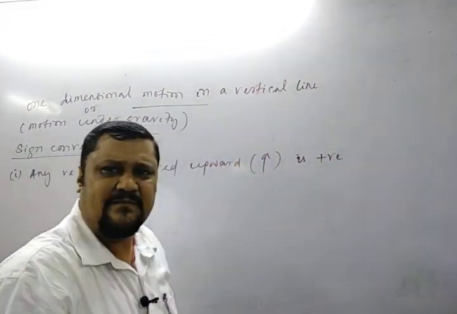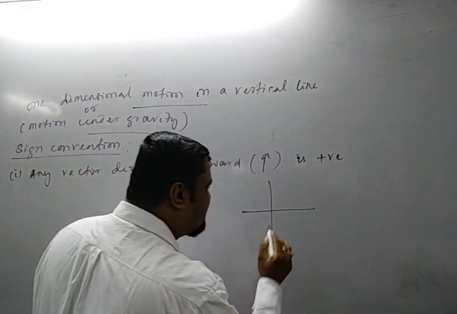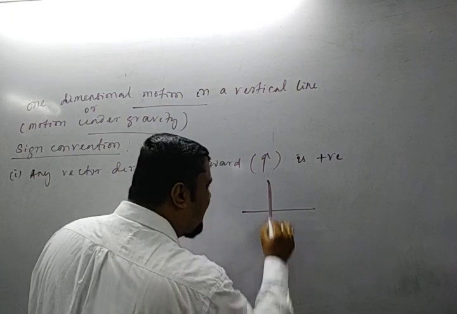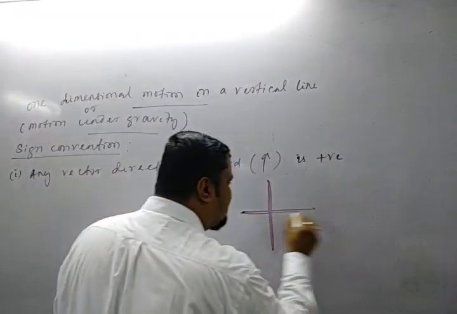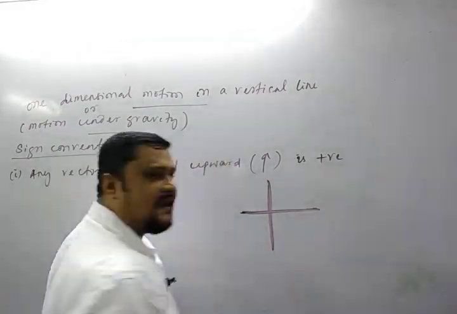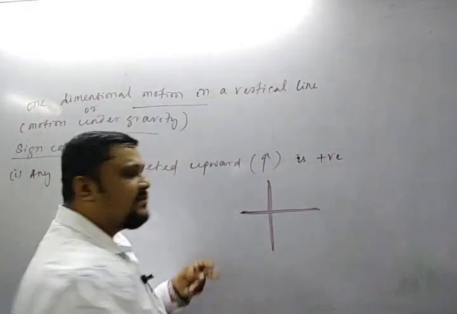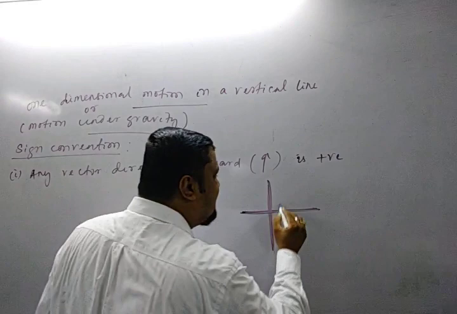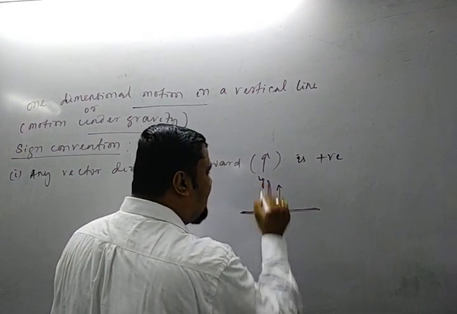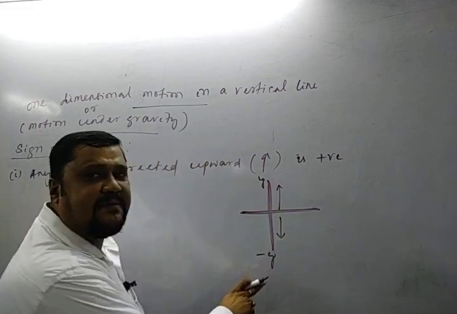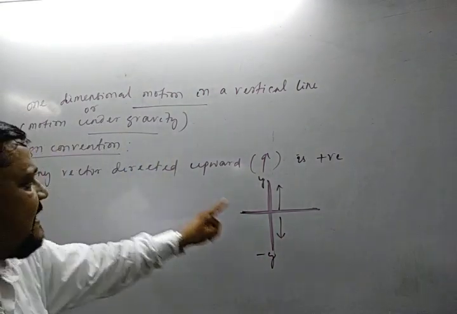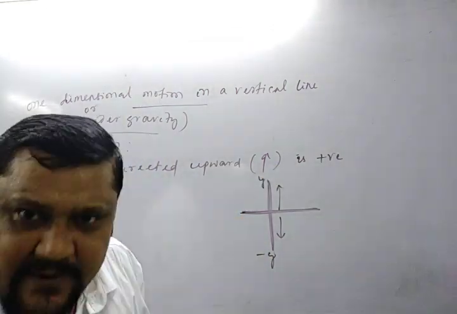Like your coordinate system, because you are discussing the motion along a vertical line, since this is free fall, we are not considering the horizontal motion. This is the horizontal line, this is the vertical line. In the vertical line, the body moving in this direction is along the positive y-axis, and the negative y-axis is for downward motion. If the motion is downward, then it is negative. So any vector directed upward is positive.